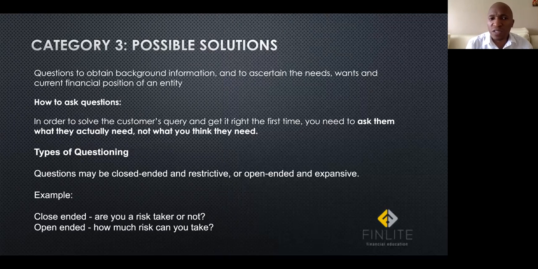And then category 3 looks at the possible solutions. And for the solutions, we start by gathering information, obviously, about the needs and wants of the particular client and their current financial position, which you've already covered. And you need to ask specific questions, ask them why they actually need it, not what they want or what you think they need. It's important to ask them what they actually need and to use data to back up whatever they actually said.